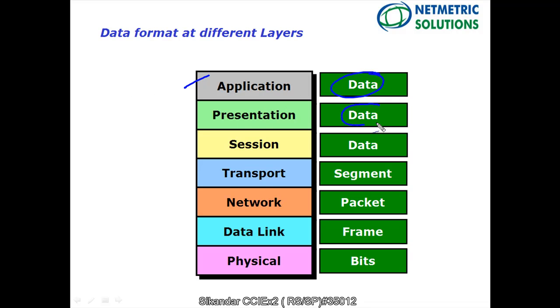When it reaches the presentation layer, it is still normal data, because the presentation layer defines in which format the data has to be sent or received. Then the session layer creates, maintains, and terminates the sessions.